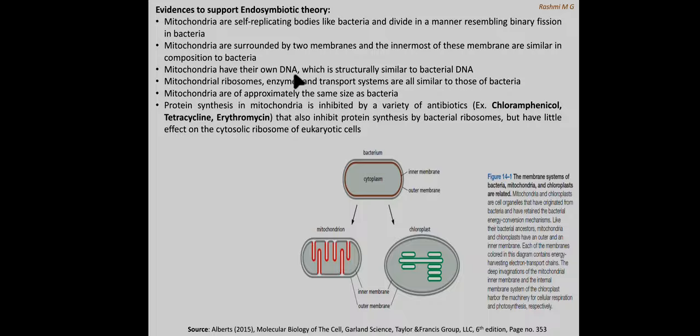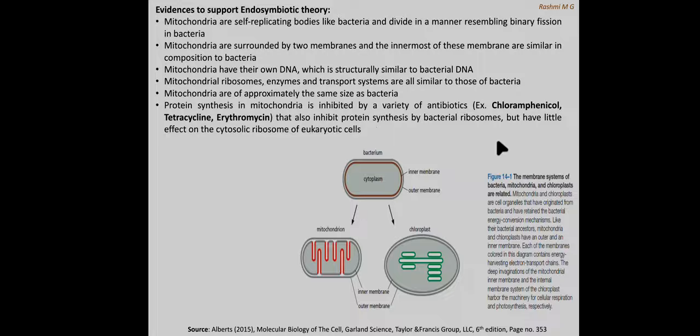Mitochondria have their own DNA, which is structurally similar to bacterial DNA. Mitochondrial ribosomes, enzymes and transport systems are all similar to those of bacteria. Mitochondria are approximately the same size as bacteria. Protein synthesis in mitochondria is inhibited by antibiotics like chloramphenicol, tetracycline and erythromycin that also inhibit protein synthesis by bacterial ribosomes.